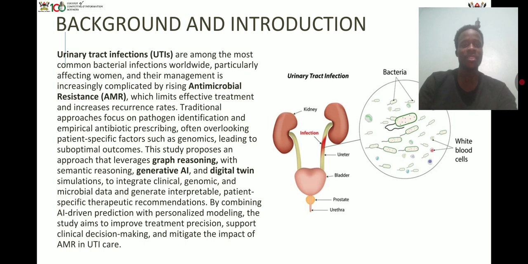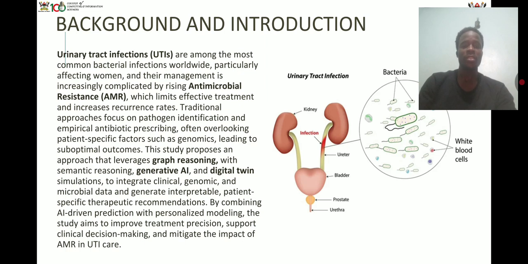Our next keyword is digital twin, which is a virtualization of a system. In our scenario, a digital twin is a virtualization of a patient, a digital patient, and this mirrors the characteristics of an actual patient, for example the demographics of that patient, including the genes of that patient.